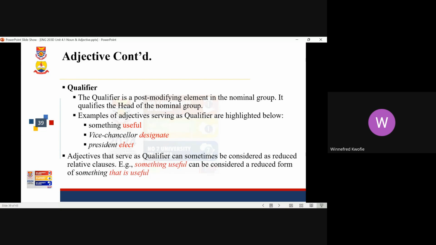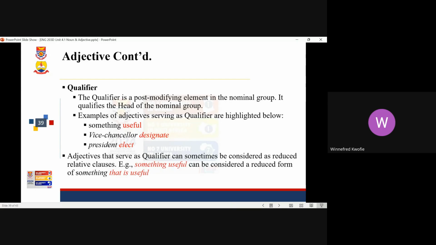Then it can also function as a qualifier. When an adjective functions as a qualifier, it means that it is placed after the head word in the nominal group. I will take you back to the parts of a group.